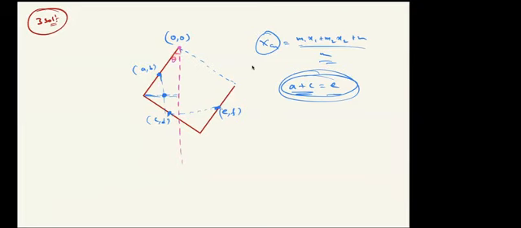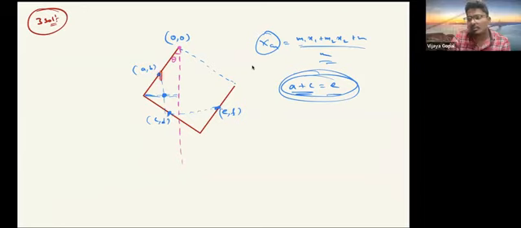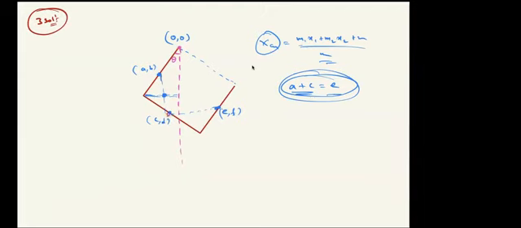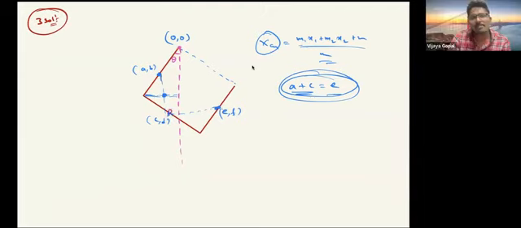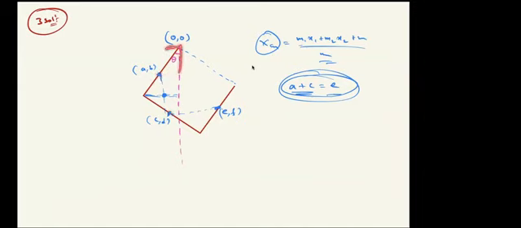No, sir, we can find the perpendicular distance from that axis. For this one you can find easily, and mg into that axis. About this we can find the torque for all, but my answer is not matching.